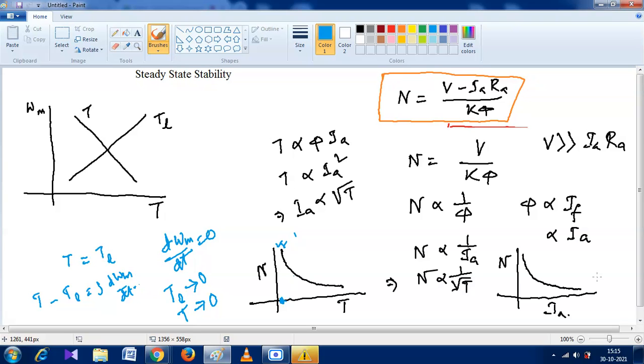Mechanical breakdown happens at that time if the speed is dangerously high. That means when we do not load the series motor, the speed becomes dangerously high. If the speed is dangerously high, then what will happen?